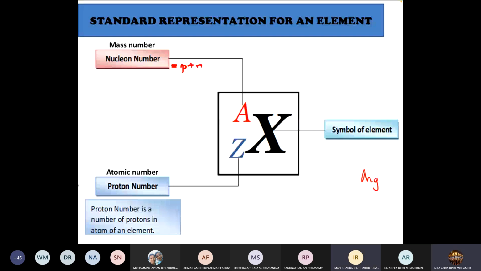So from these values, if we know the nucleon number and proton number, can we work out the number of neutrons of an element, class? Yes. How do we do it?